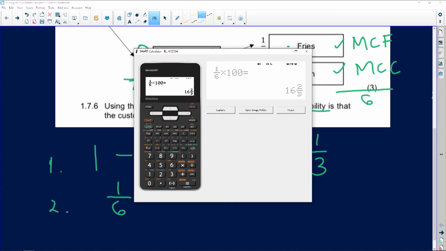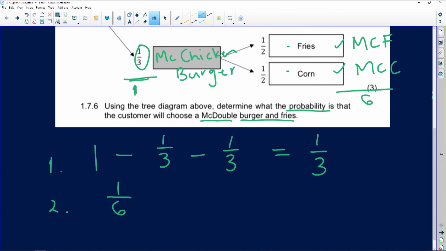So I'm going to press change, and then it's going to give me an improper fraction, and change again, and it's going to give me 16,66666 with a 7 at the end there. I'm going to round it off to 2 decimal places, so I'm going to make it 16,67%. So multiply that by 100, and it would give me 16,67%.